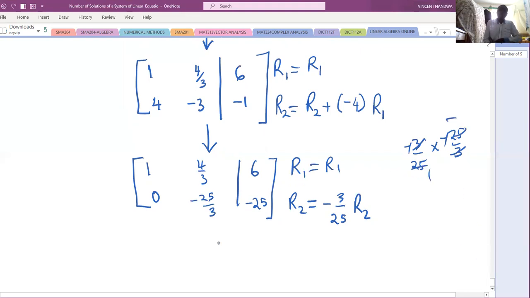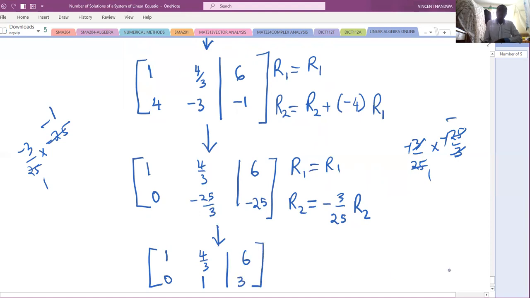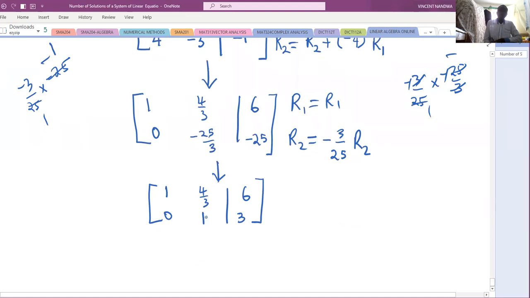So therefore, I'll get 1, 4 over 3, and then 6, 0, 1, and then negative 3 over 25 times minus 25, which is positive 3. And so this is now the row echelon form of the system.